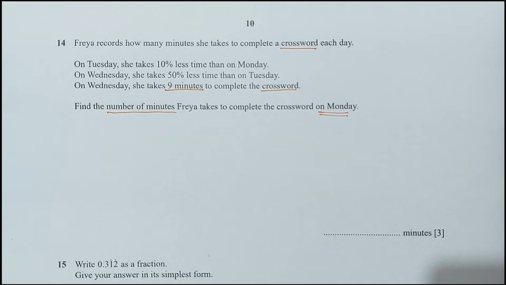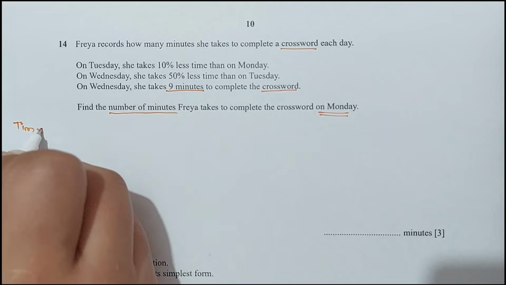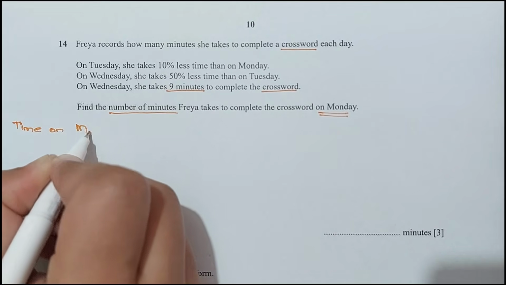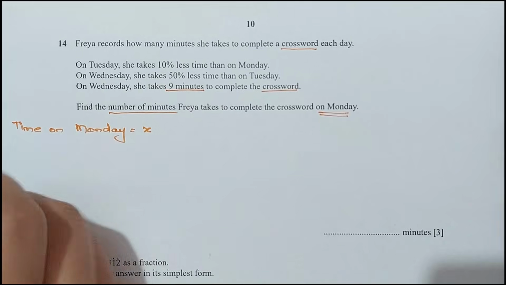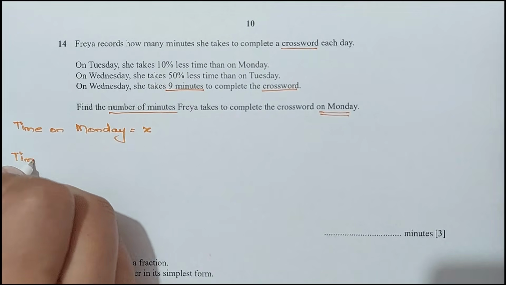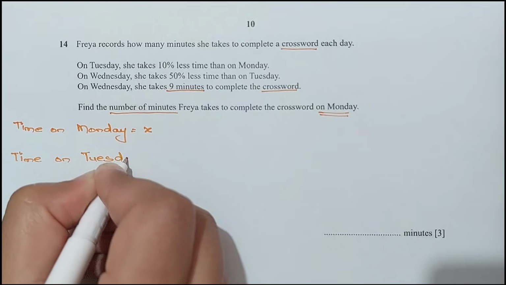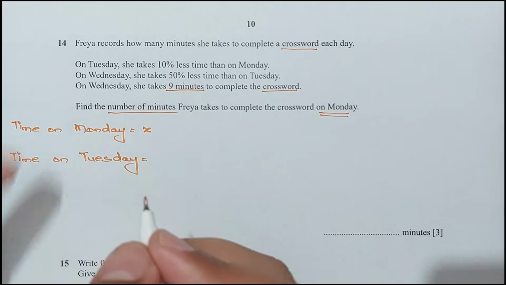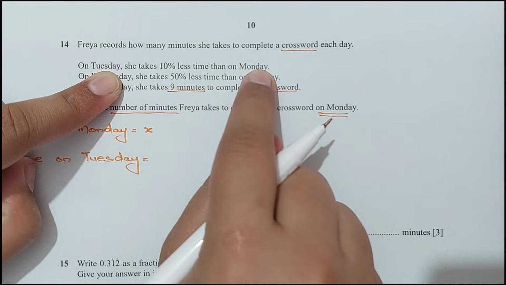All right, let us suppose the time on Monday, which we have to solve, is X, right? The time on Tuesday is 10% less time than on Monday.